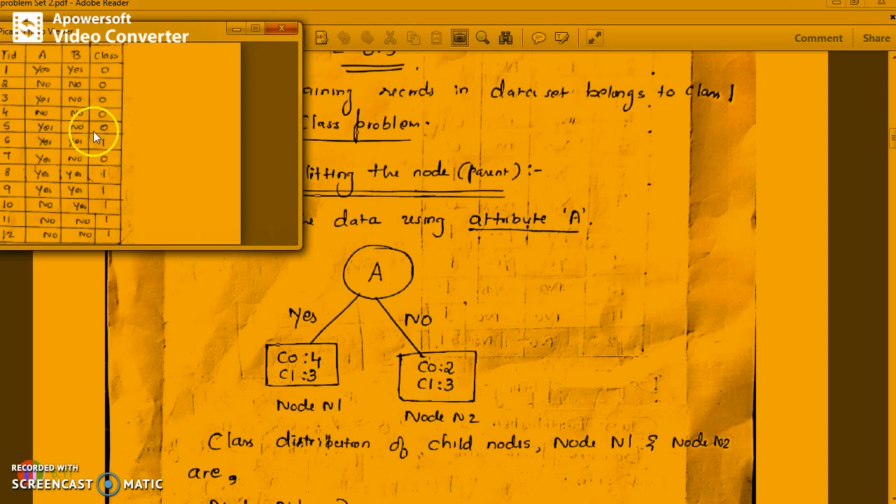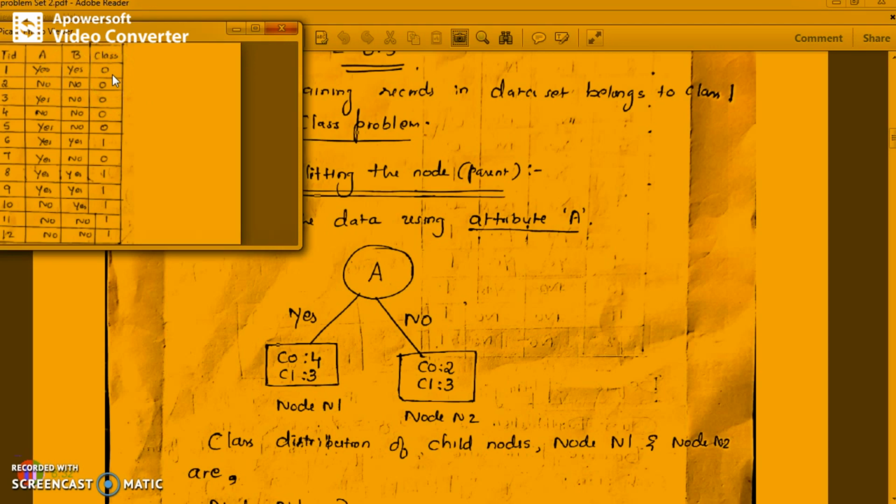So total 3 records I got now. Again, the 7th record belongs to class 0, so the count is 4. What I'm counting here is, for class 0, how many yes records of attribute A belong to class 0.